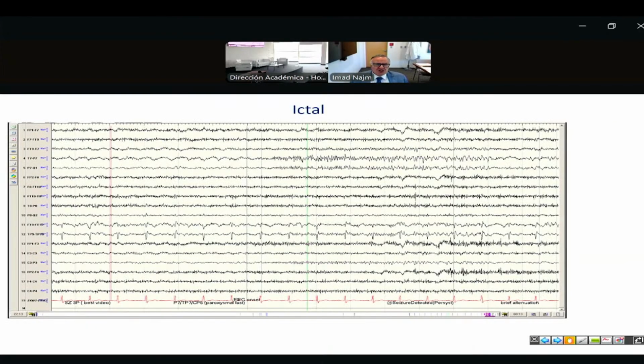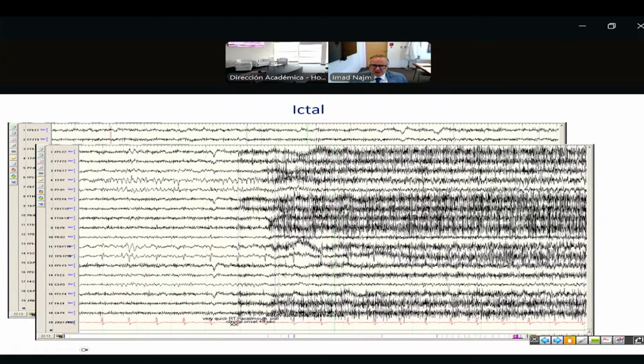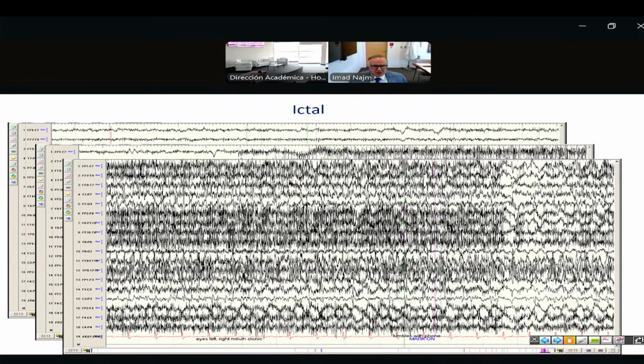Now, what about EEG? EEG here can be helpful in some situations. The EEG shows, in this case, ictal onset with faster activity in the left parietal region, and that is evolving in the same area before it takes on most of the left hemisphere with quite a bit of artifact, maybe some involvement of the right side toward the end of the seizure.